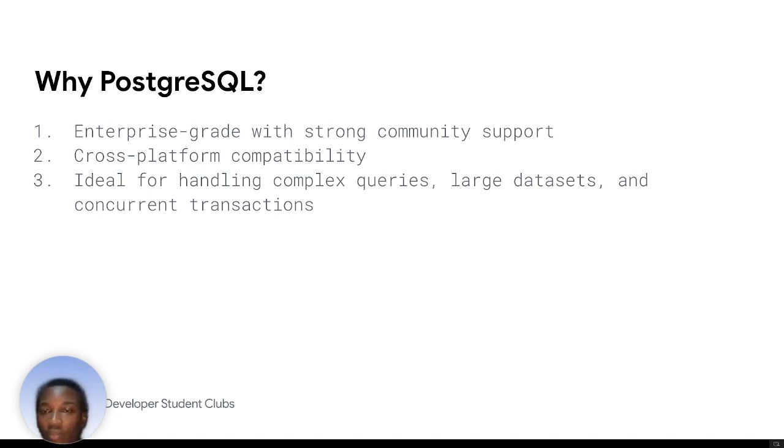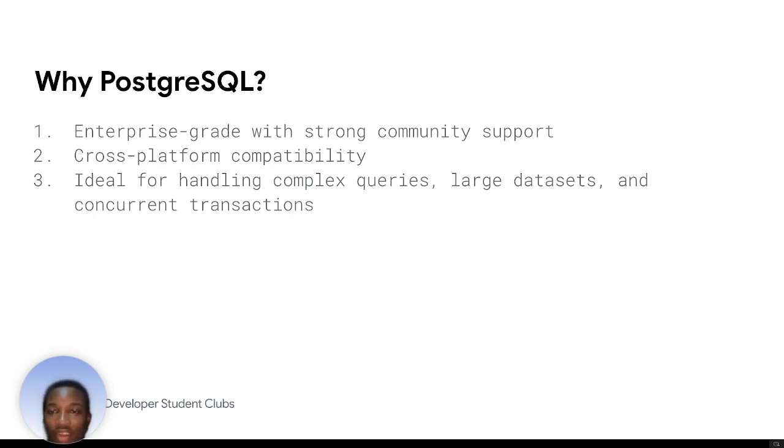Looking at cross-platform compatibility, what this means is that it doesn't matter what operating system you use, you can install Postgres without any issue, whether you're using macOS, Windows, or Linux or a Linux distro. So it allows for cross-platform compatibility.